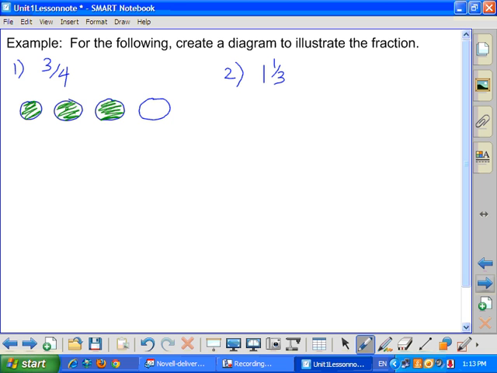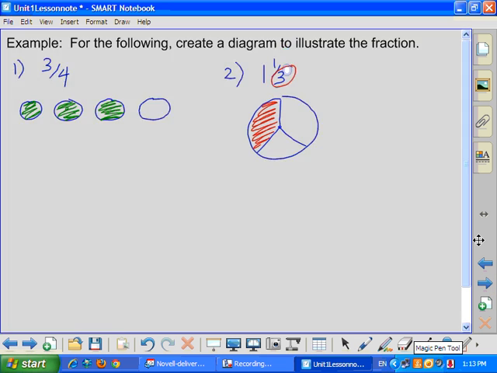And we can do this a couple different ways. I'm going to do pizzas this time. So I know my pizzas have been split into 3 pieces. So I need a pizza with 3 pieces. So it looks like that. So color in 1/3. So I'll color in 1/3 of my pizza. There we go. But that picture only represents the 1/3.